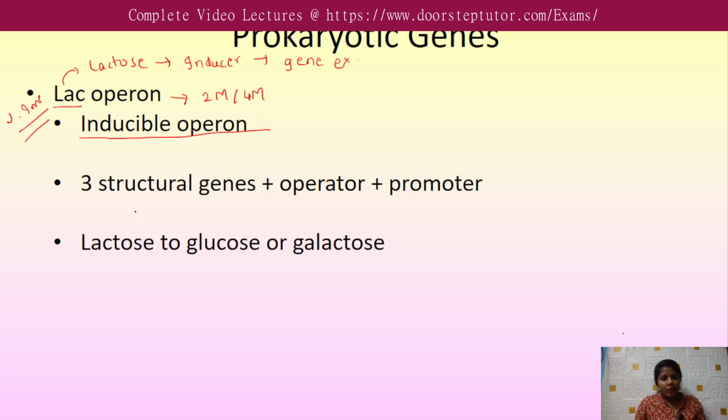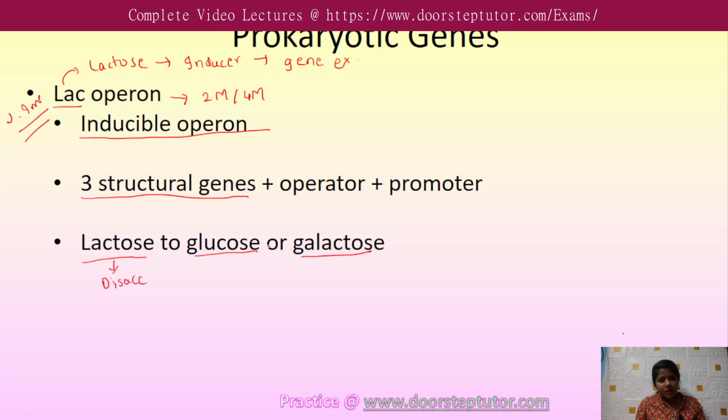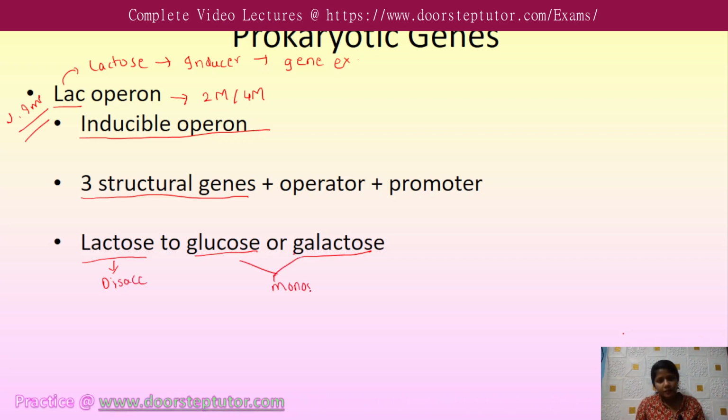When we look at the Lac Operon, we can find out the three structural genes, operator and promoter. In this operon, lactose is converted into its monomers, that is glucose and galactose. And lactose, as we know, is a disaccharide, whereas glucose and galactose are monosaccharides.